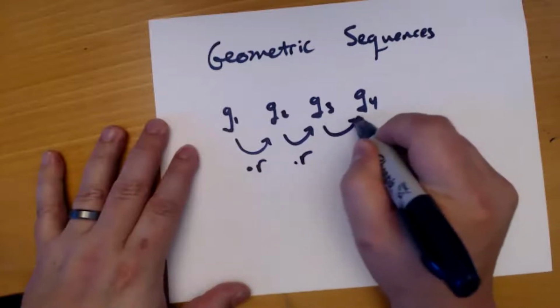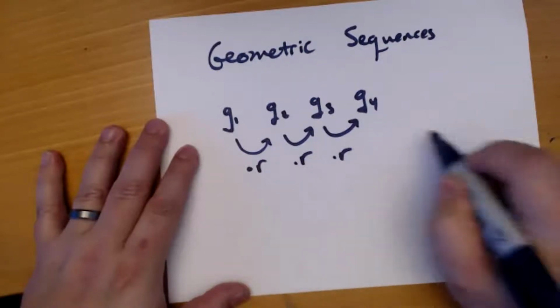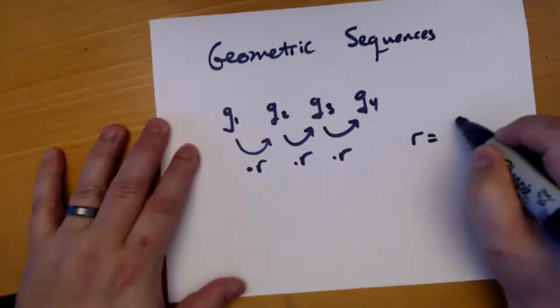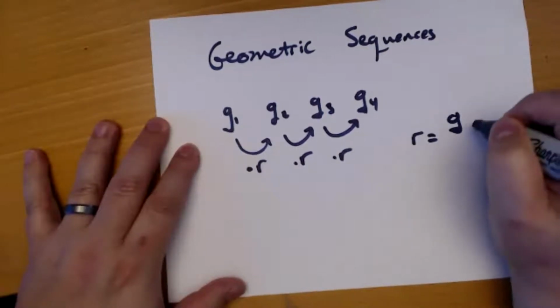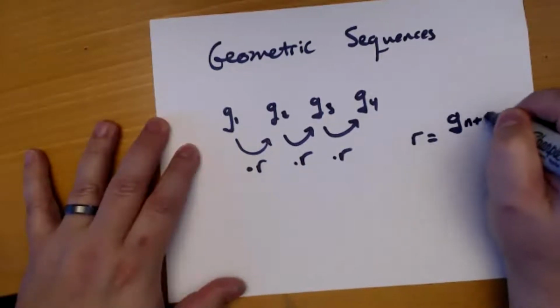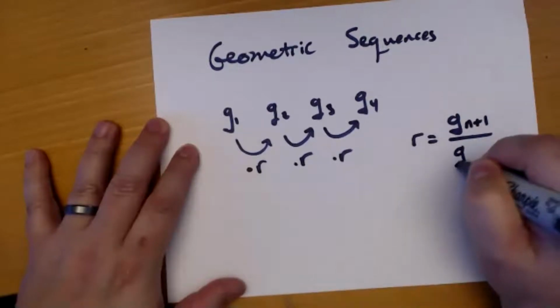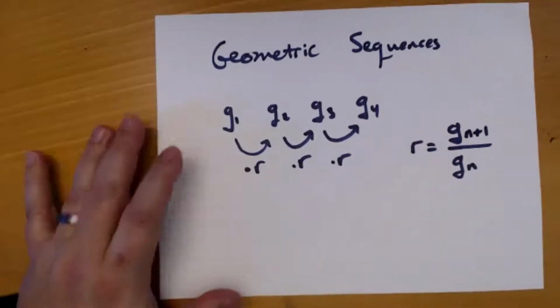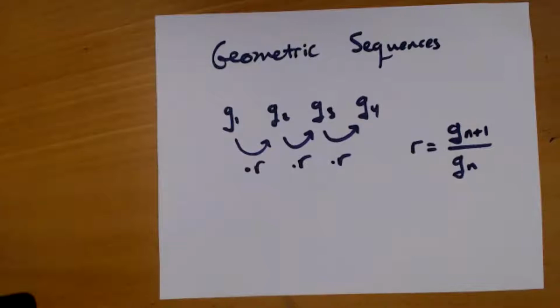And it is a constant ratio where R is equal to G sub n plus 1 all over G sub n. So I can find the ratio of terms by just dividing two next door neighbors.